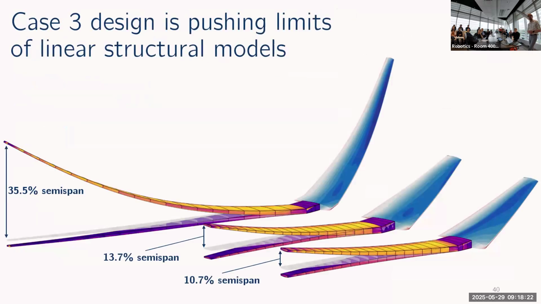So just to motivate the next part of the dissertation here, I'm showing my results for the 3 benchmark problems here. And you can see that the case 3 design here at the back is really deflecting a lot in this maneuver condition. And this kind of level of displacement is far beyond what people traditionally think linear structural models are good for.